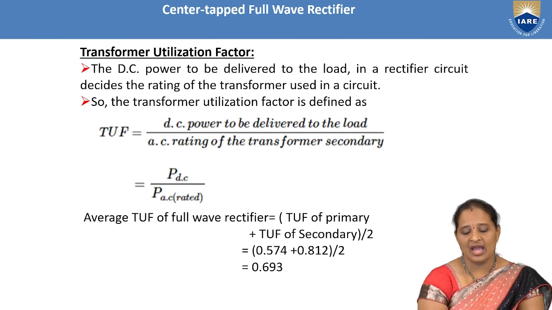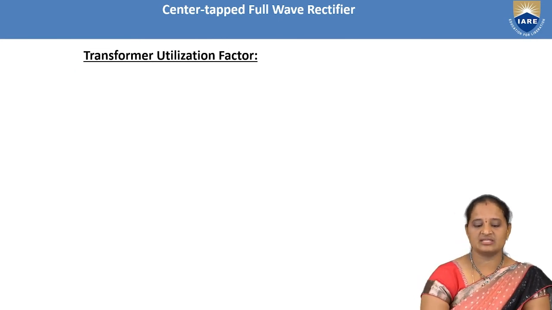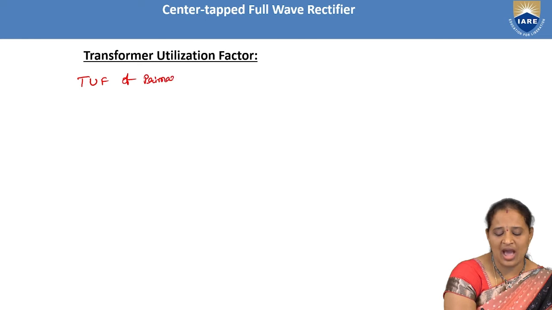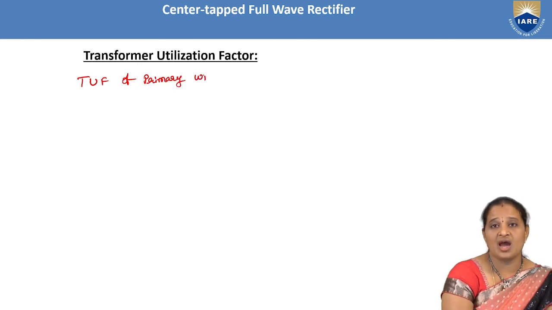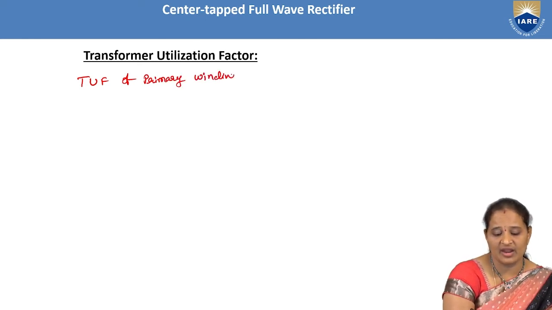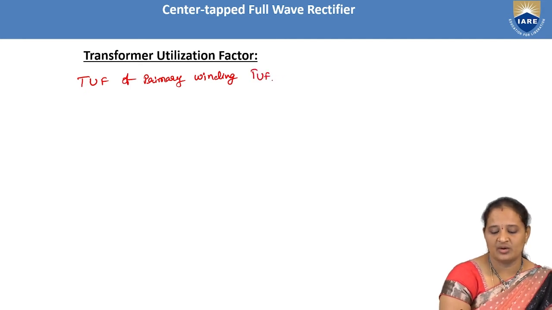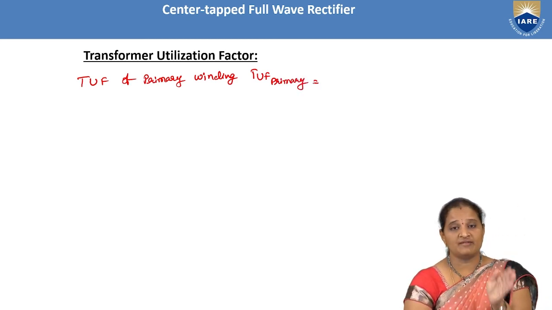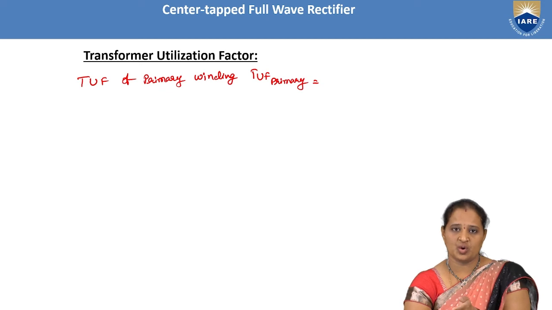And now, how to calculate the transformer utilization factor of primary? Let us calculate TUF of primary winding. As I told you, we are dividing the secondary winding into two halves. So let us indicate this one with TUF primary. How can we calculate this?